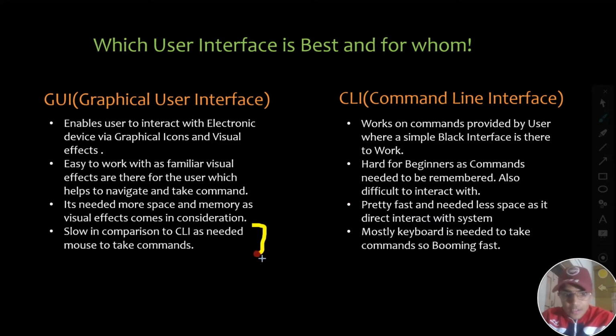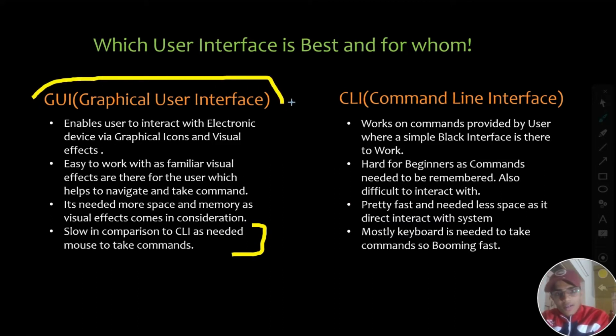A GUI is slow in comparison to the command line interface as it needs a mouse to interact with. In the graphical user interface we use a mouse to give commands. Right now we are using a graphical user interface, not the command line. But in the command line interface we just need the keyboard to give the commands.